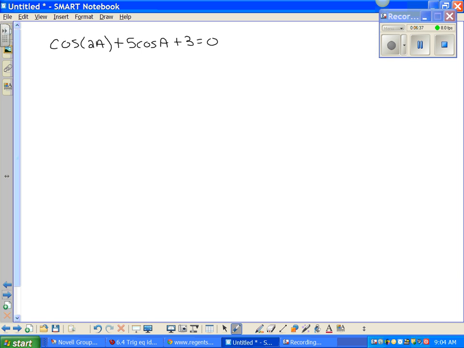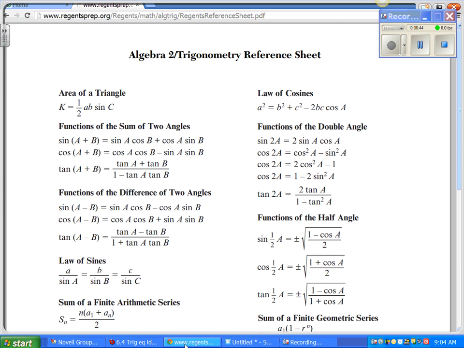What's jumping out at you? Cosine 2a, right, I've seen that before. Cosine of 2a, 3 options.